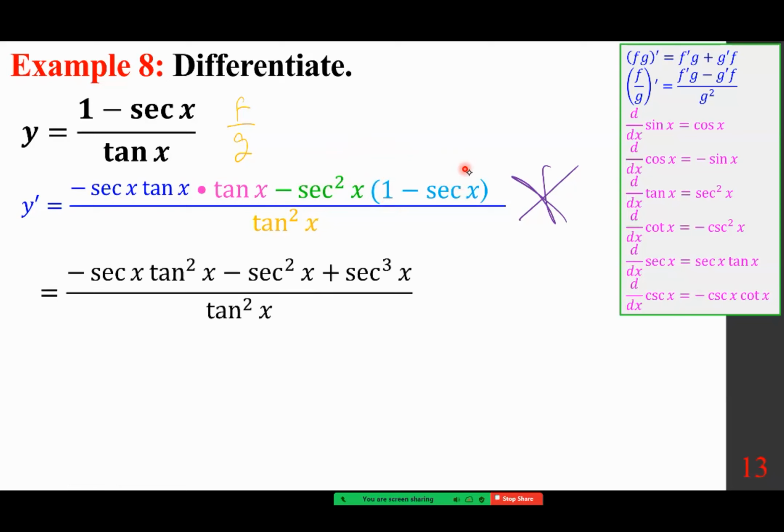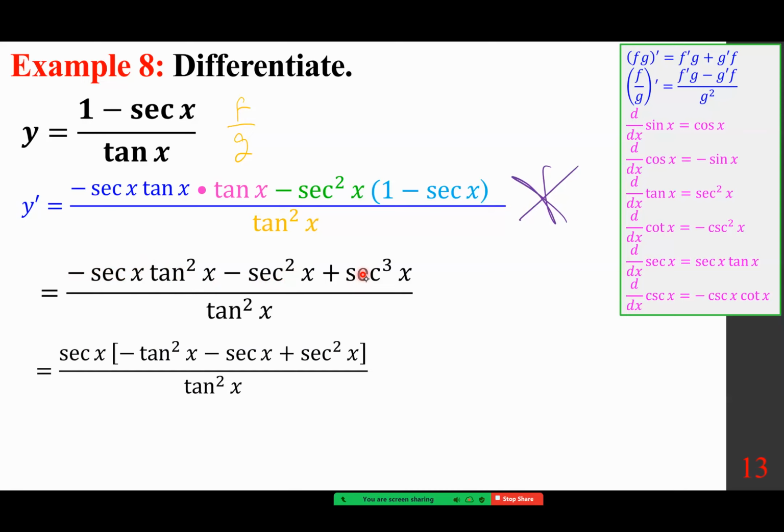To simplify, we notice there is a common factor of secant in there, so we can take out a secant x. If I take a secant x out from the numerator, I get minus tan squared minus secant x plus secant squared x. All I'm doing is the algebraic technique of factoring.